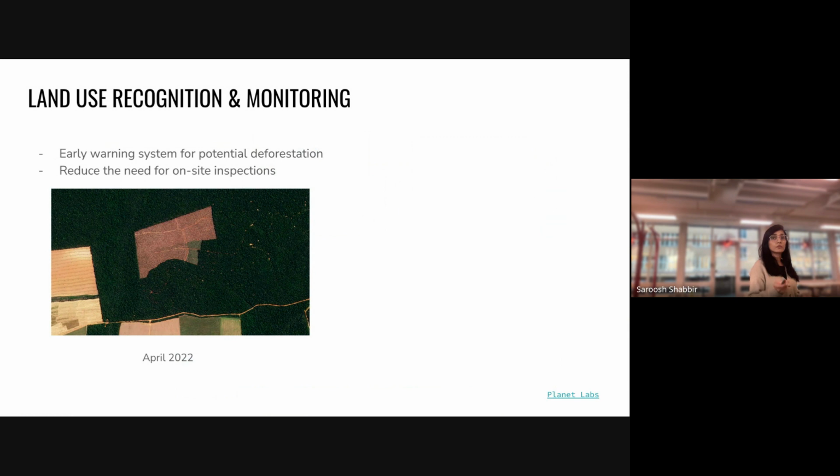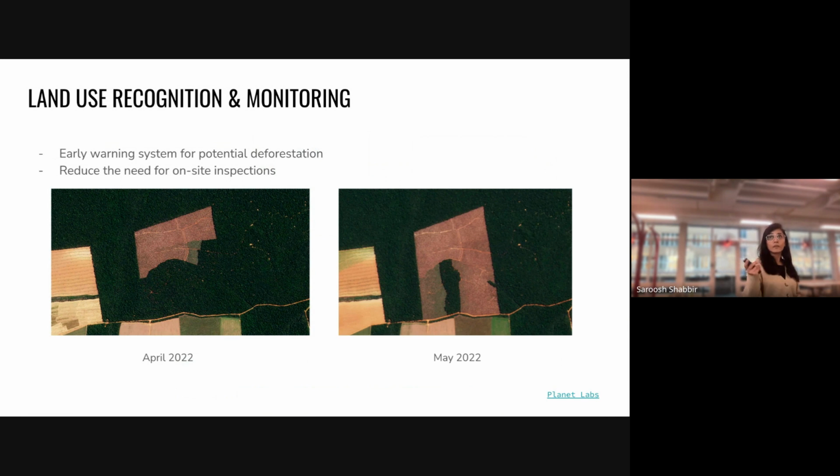This image comes from somewhere in Brazil, Amazon, and within 1 month, this amount of change had been tracked by Planet Labs. And then they were able to take action to be able to reverse this. On the link there, one is able to see how the change has progressed over time. So they more or less reversed the deforestation in this patch.